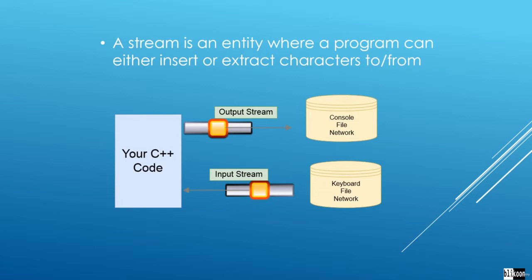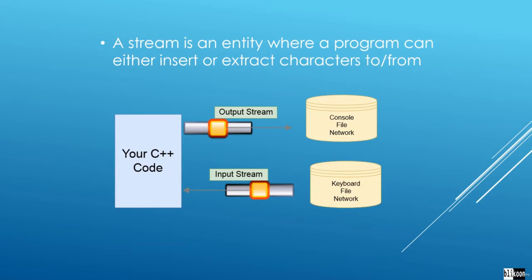It can also be a file. Your application can write to a file, and we're going to have a chance to do that in this course. It can also write to the network to send things to the internet, for example. So for the output, you can have the console, a file you write to, and a network that you use to send things to the internet.